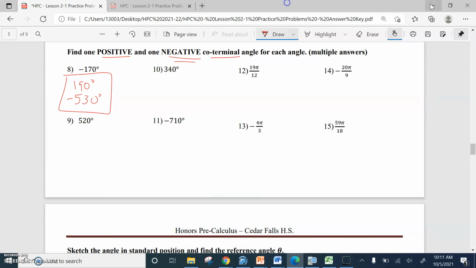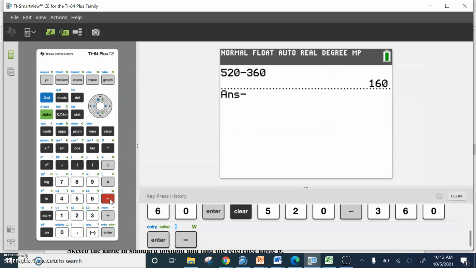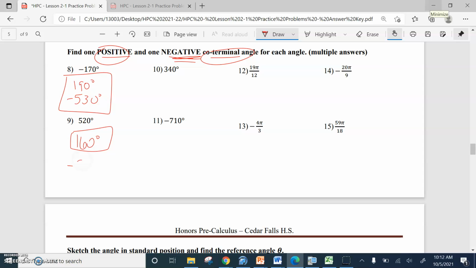This time I got positive 160. Well, that works, right? That's not a negative, it's a positive coterminal, so it still works. I can still box that in. But the problem is I still need a negative, so I'm just going to take that answer minus 360. I just keep subtracting 360 until I'm in a negative value. So negative 200.